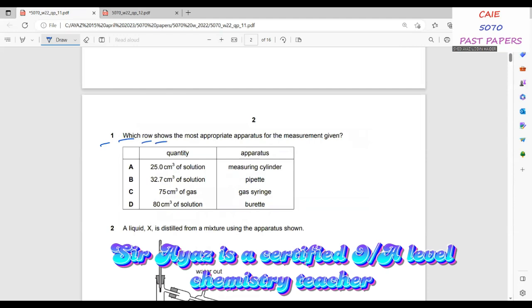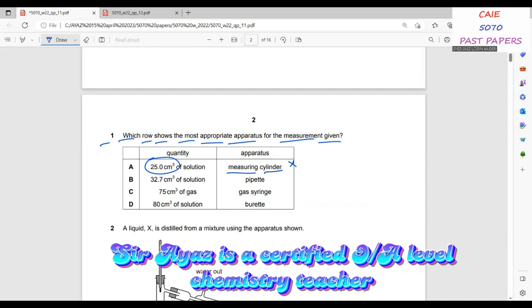Which row shows the most appropriate apparatus for the measurement given? Now, the first apparatus is a measuring cylinder. You can't measure 25 cm³ of solution using a measuring cylinder, so this is wrong.